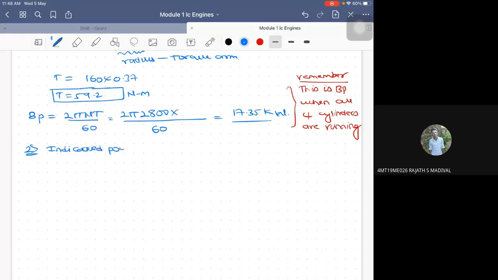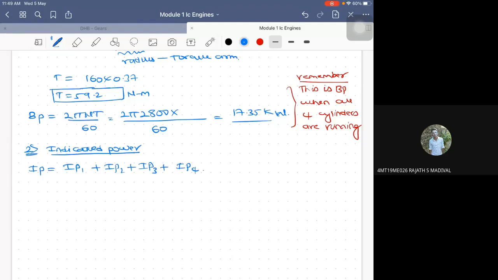Since this is a problem on Morse test, indicated power is given like this. Please observe the formula very carefully. IP is equal to IP1 plus IP2 plus IP3 plus IP4.